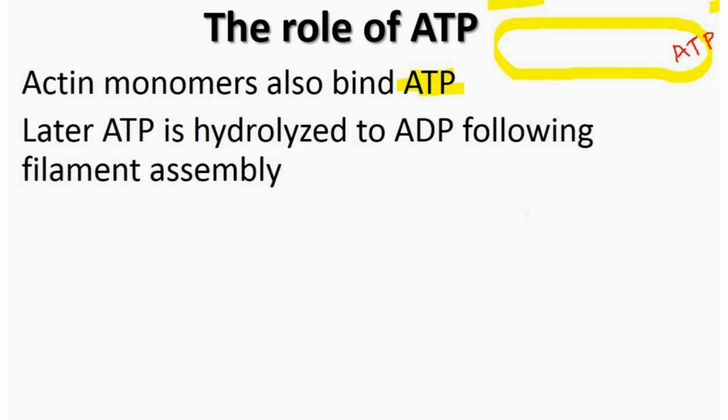As you move from plus end to minus end, or from barbed end to pointed end, you have the ATP hydrolysis taking place. So, in the initial part it will be ATP, followed by ADP bound actin in the subsequent part.